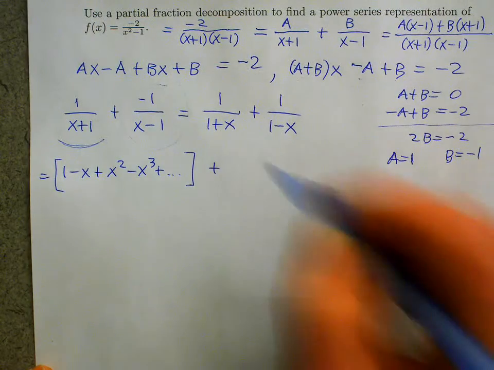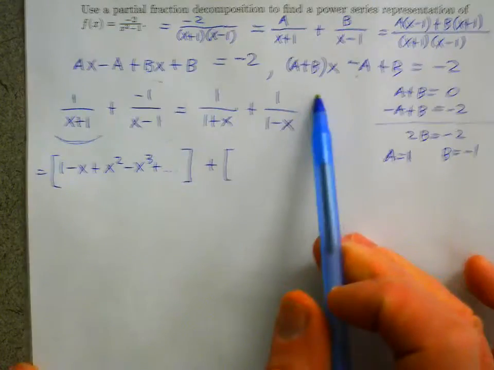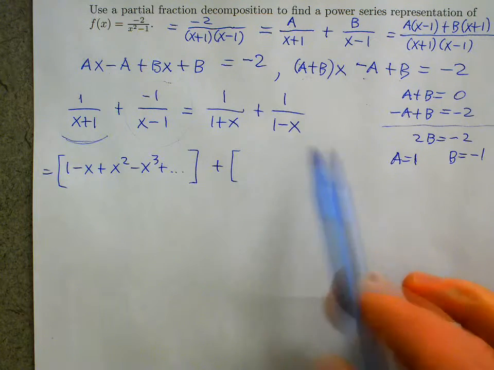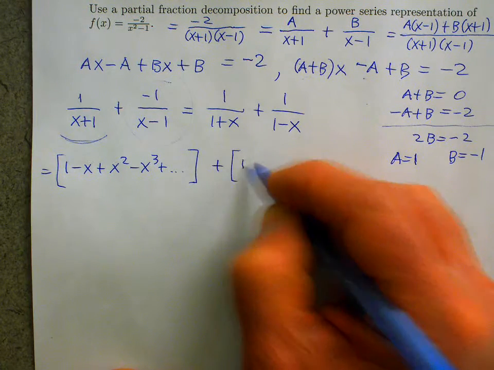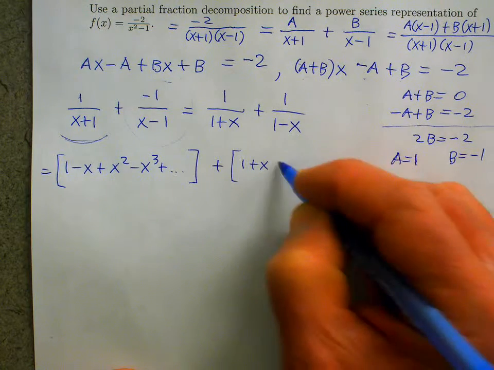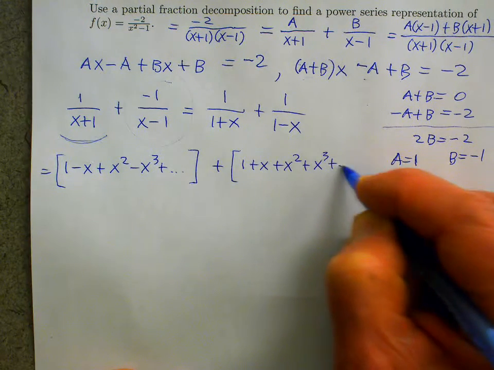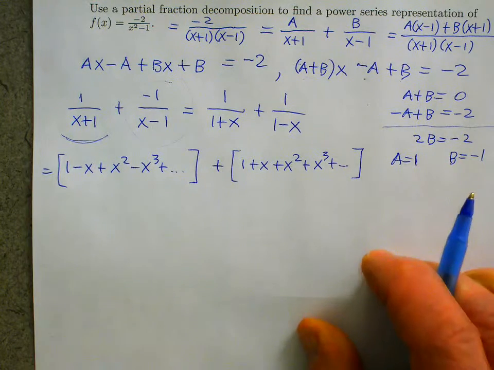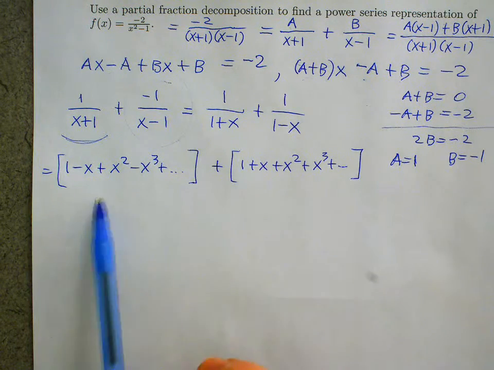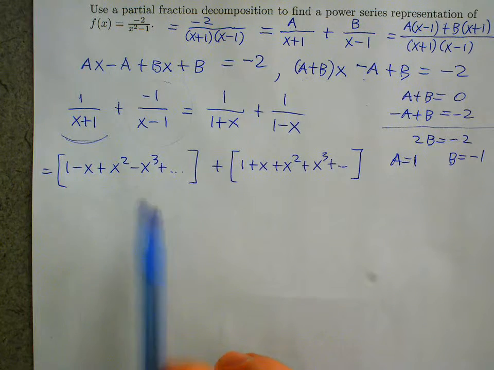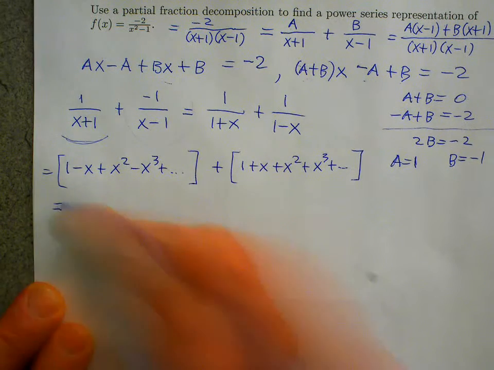We add that to the power series representation of 1 over 1 minus x. This is the one that we should remember: 1 plus x plus x squared plus x to the third, and so on. Then if we add these series term by term by combining like terms, what are we going to get?